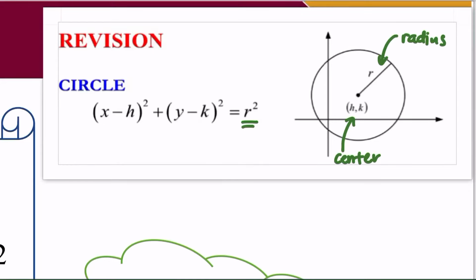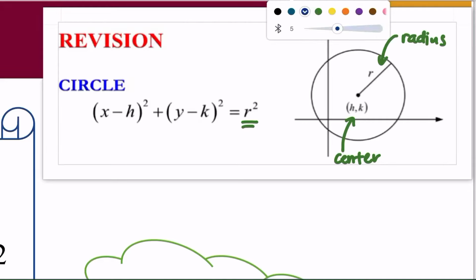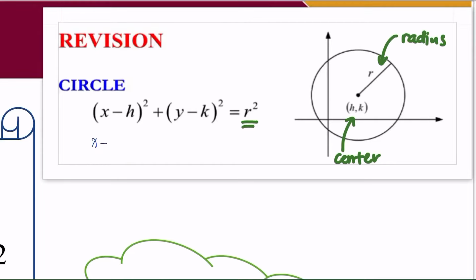Let's say you have x minus 1 squared plus y minus 2 squared equal to 4, for example. In this case, it means you have a center at (1, 2) with radius 2.